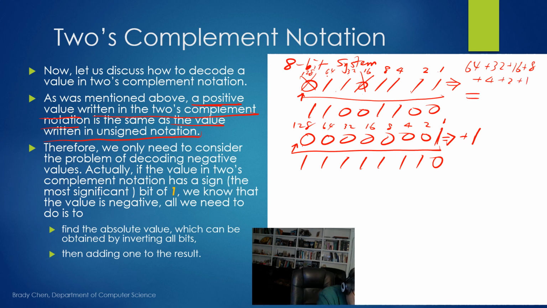And now what is this? So that's 64 plus 32, that's 96, then 112, 120, let's see, try again.